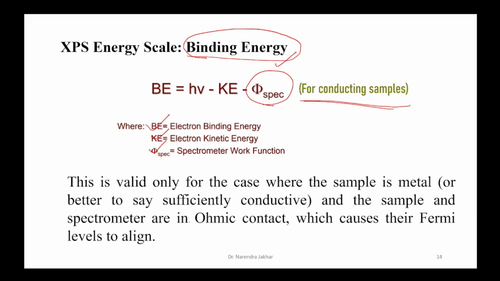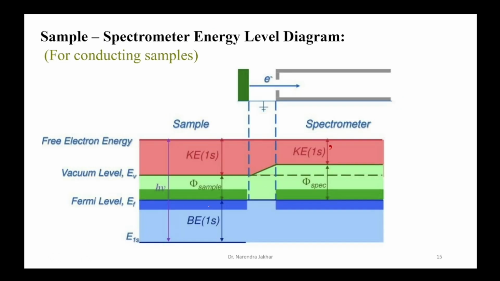When the sample is conducting, it has an ohmic contact with the spectrometer, which causes their Fermi levels to align. We are going to see this in the next slide. Here is the energy level diagram of the sample, here is the energy level diagram of the spectrometer, and this is the Fermi level of the sample.